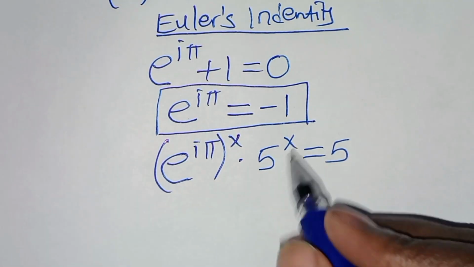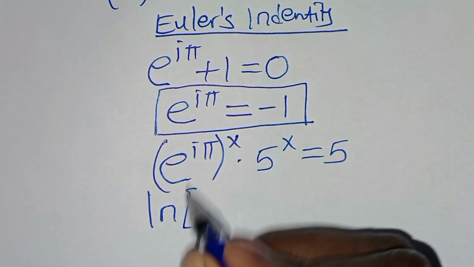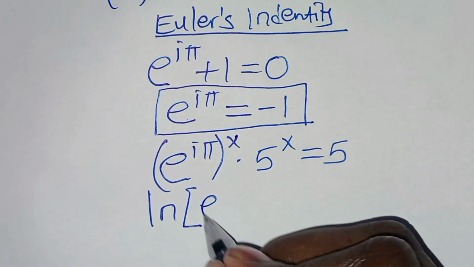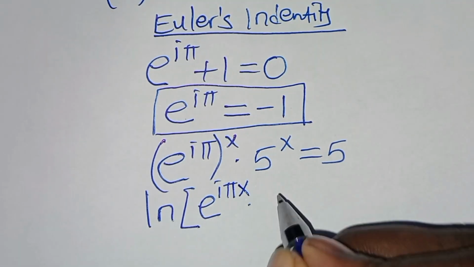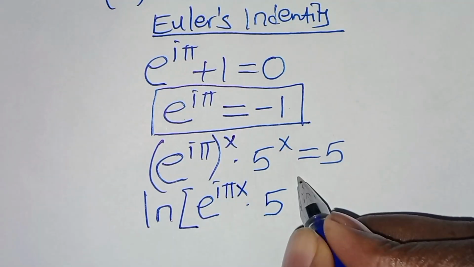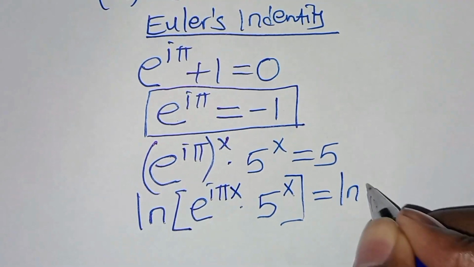To solve for x here, we introduce natural logarithm on both sides, so that here we have ln of e^(i pi x) times 5^x. This is equal to ln of 5.